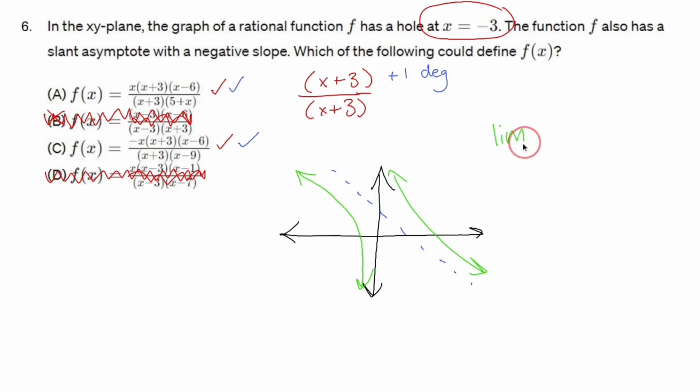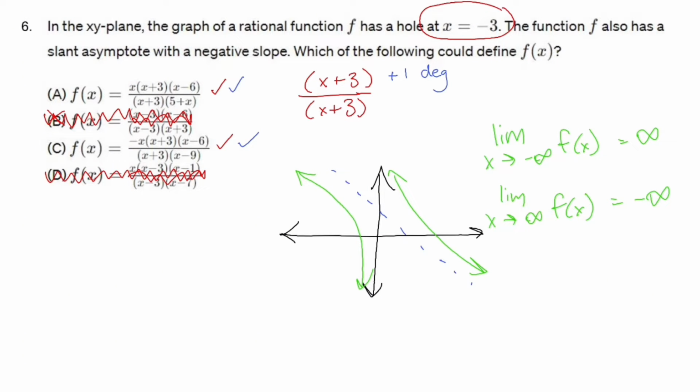The limit as x approaches -infinity of this guy that I just wrote out is going up, so it approaches positive infinity. The limit as x approaches positive infinity of f of x, my fake problem, looks like it's going down and to the right, which means it's approaching negative infinity. So I need to figure out which of these has the end behavior where negative infinity goes to positive infinity and vice versa.